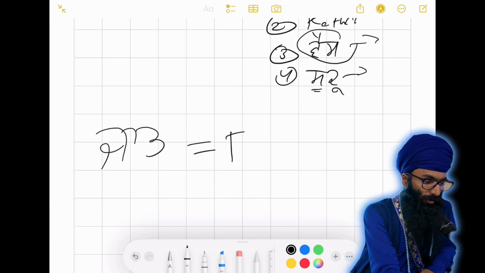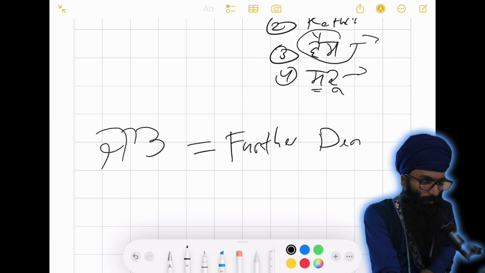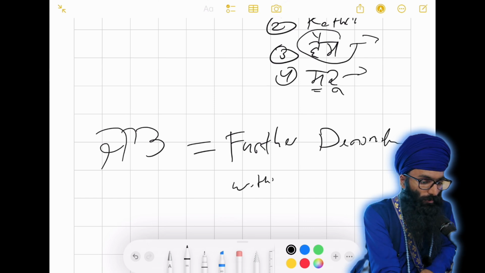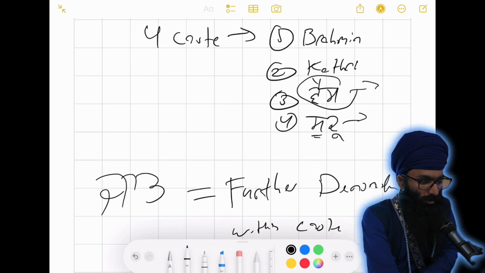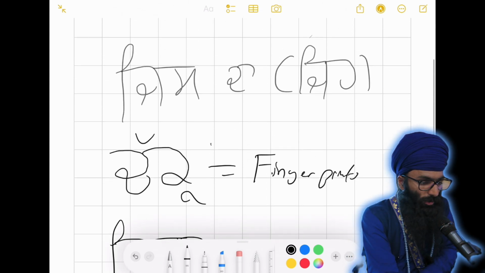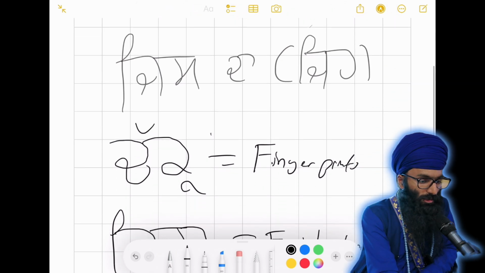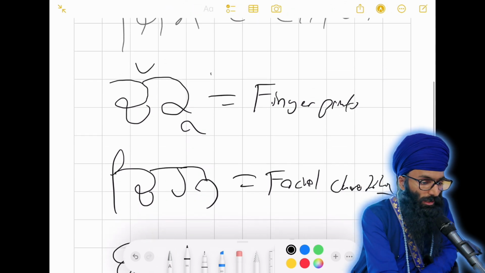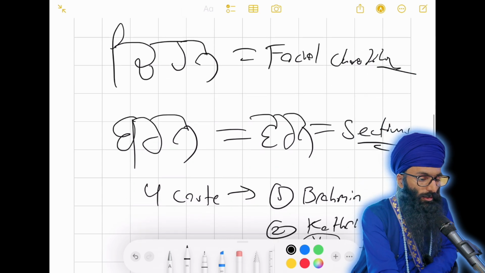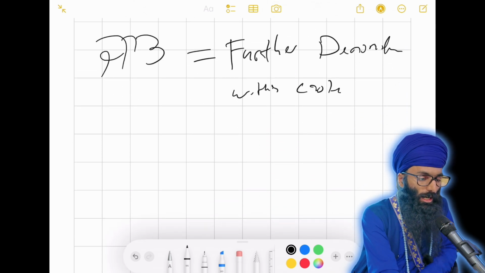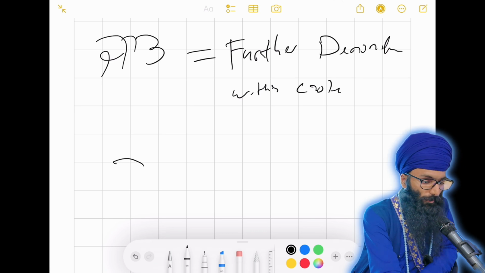So further denomination within the caste system. Okay. So these were the words that you needed to know. Jis da koi chakar, chihin, ar means and, te baran, jaat, nahin, jah.